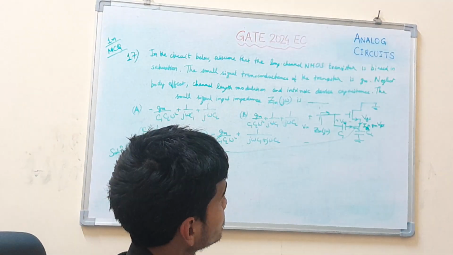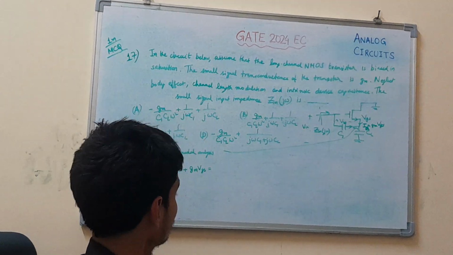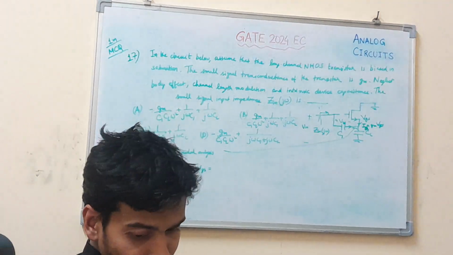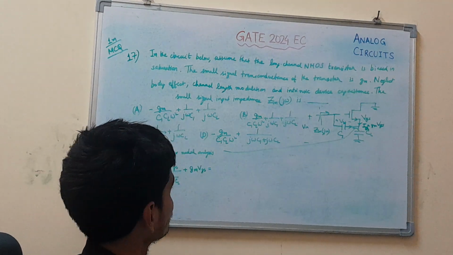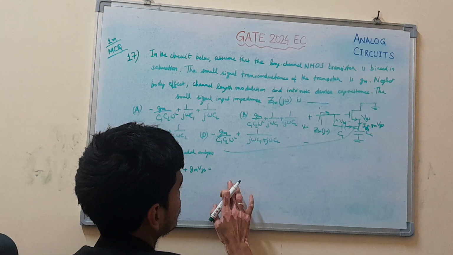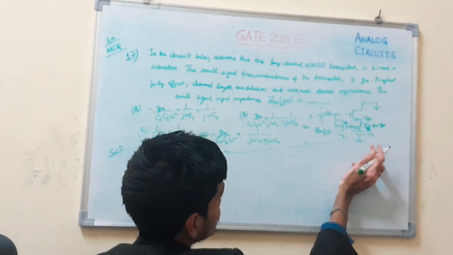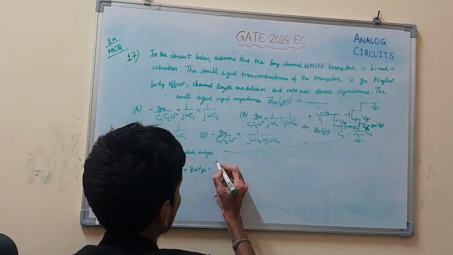Very simple. The current through this CL will be the sum of these two currents, that is ICL.